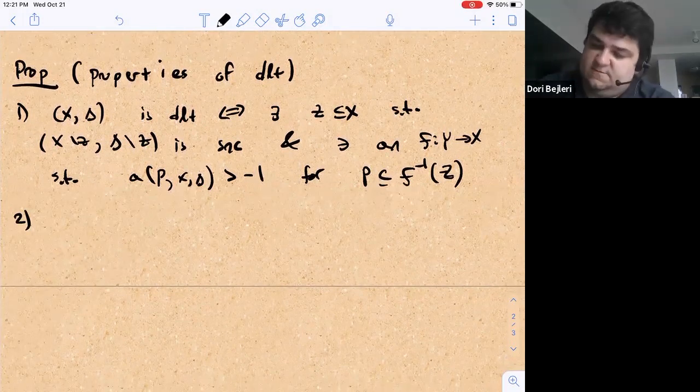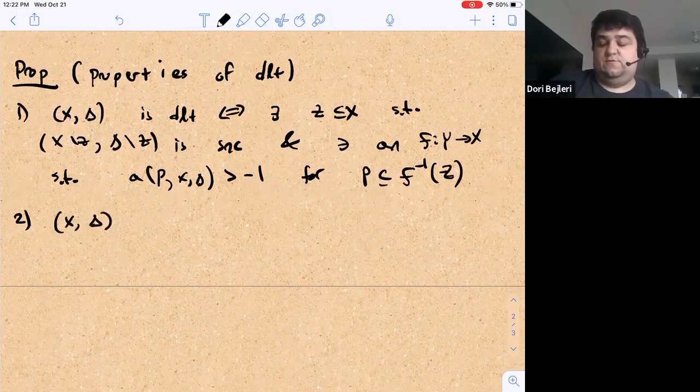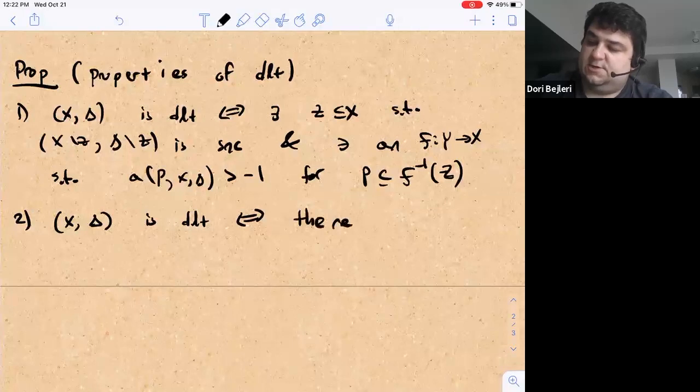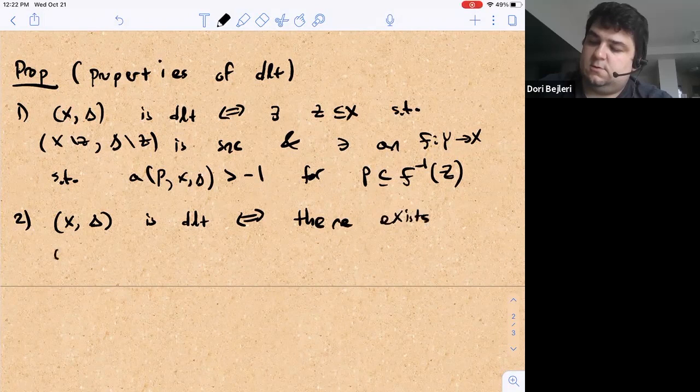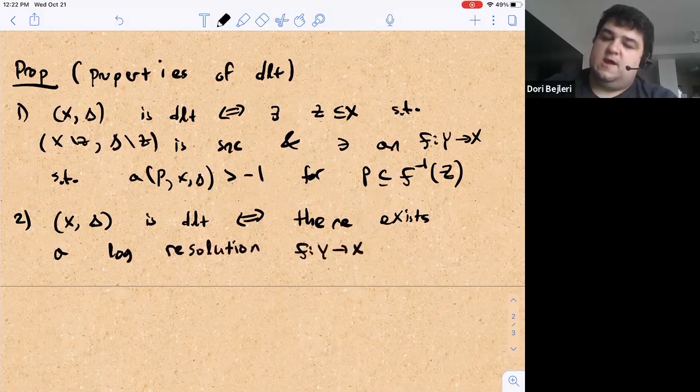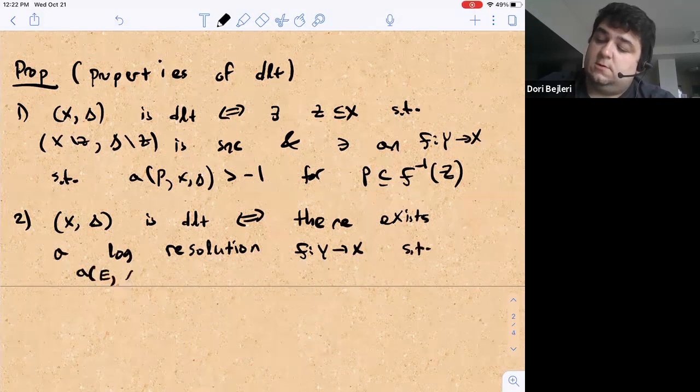A more involved one, which is maybe the easiest definition of DLT to digest, but maybe a little harder to work with, is that (X, Δ) is DLT if and only if there exists a log resolution f from Y to X such that the discrepancies are greater than −1 for all f-exceptional divisors.